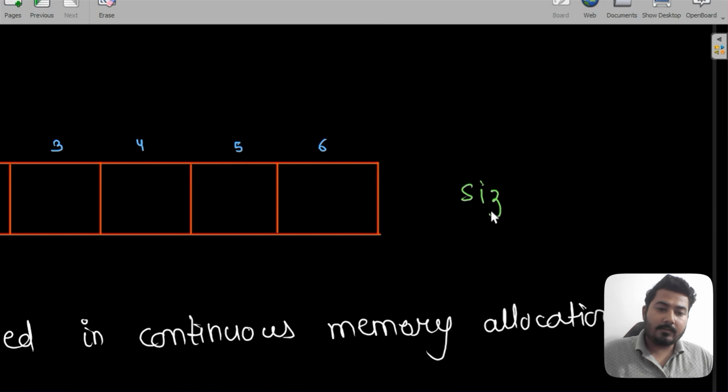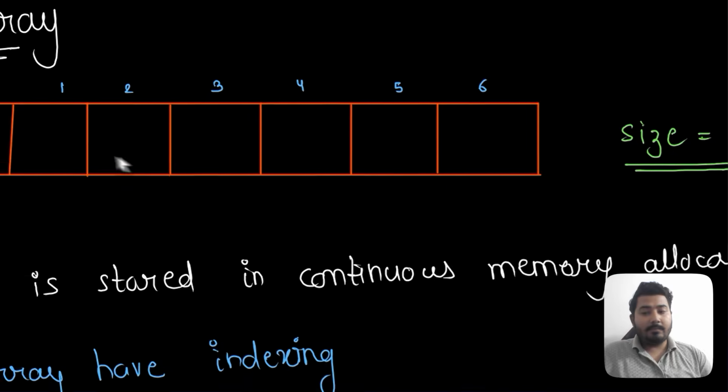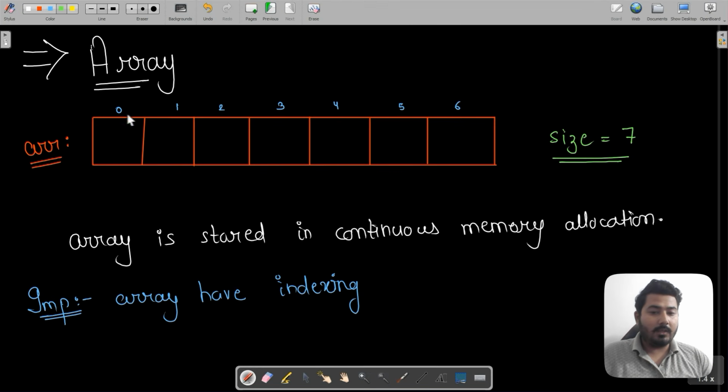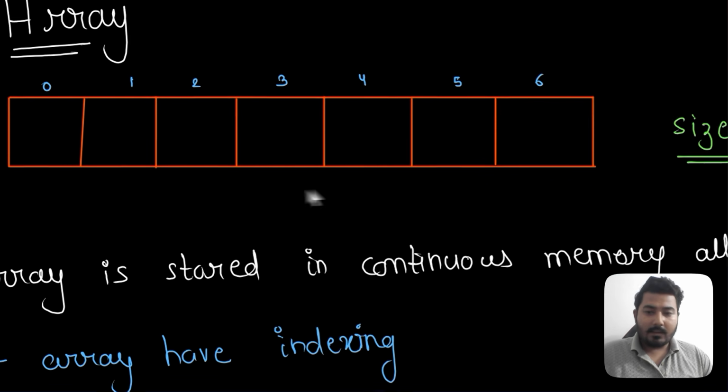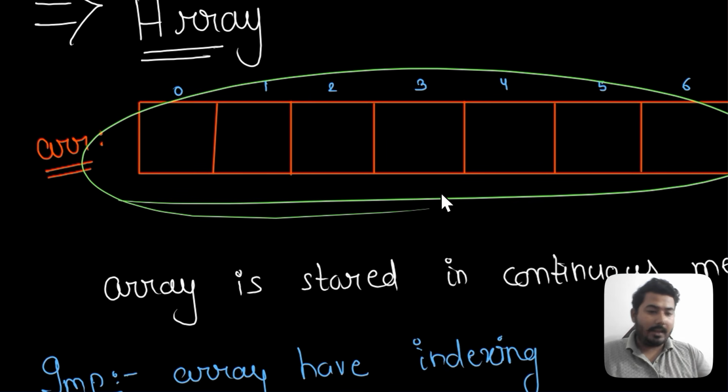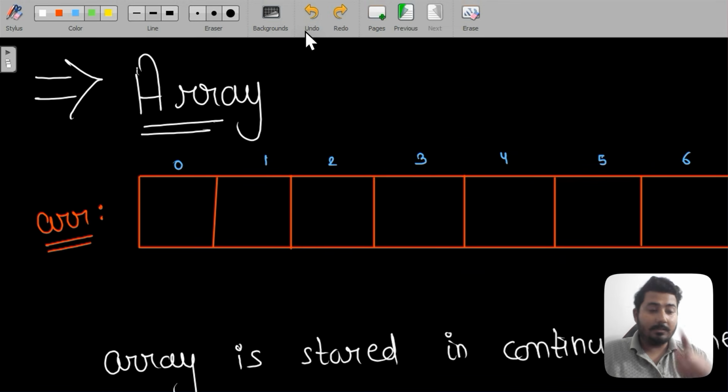The size of your array is 7 here, but because your indexing always starts from 0, it will end at size minus 1, one less than the size. Now inside it you can store any data that you want, but similar type of data only.